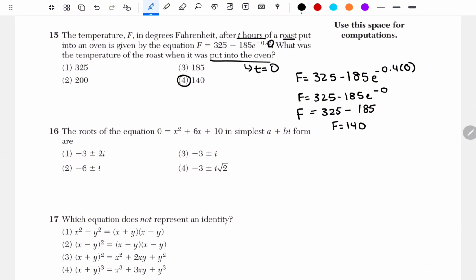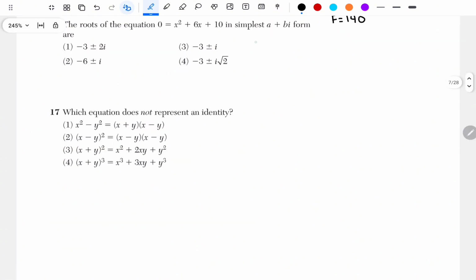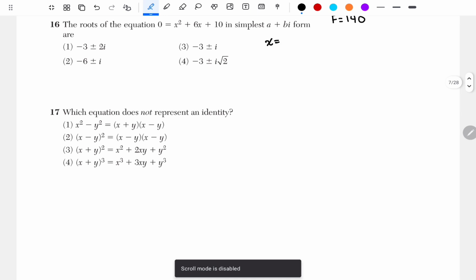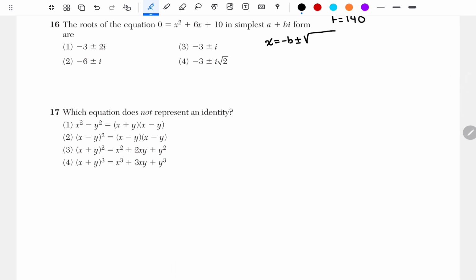So to solve this, we're going to use the quadratic formula, which is x equals negative b plus or minus the square root of b squared minus 4ac all over 2a. So we'll just start plugging it in. x equals negative 6 plus or minus the square root of 6 squared minus 4ac all over 2a.